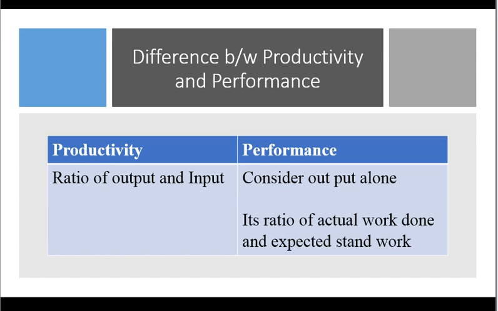So what is the performance? It is the ratio of actual work and expected work. Actual work is 40, divided by expected work, the amount you expected, which is 50. So 40 by 50 is the performance. Multiply by 100 and you will get performance in percentage. So I think now the difference between production and performance is clear.